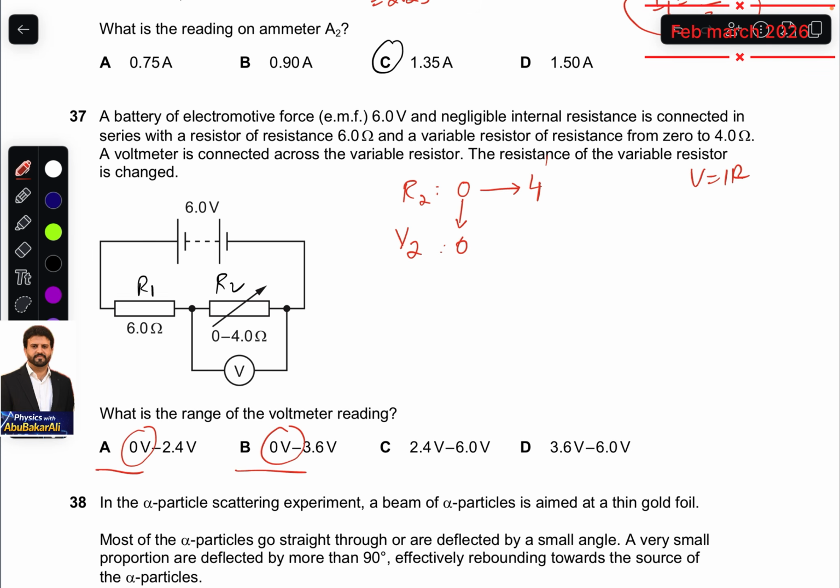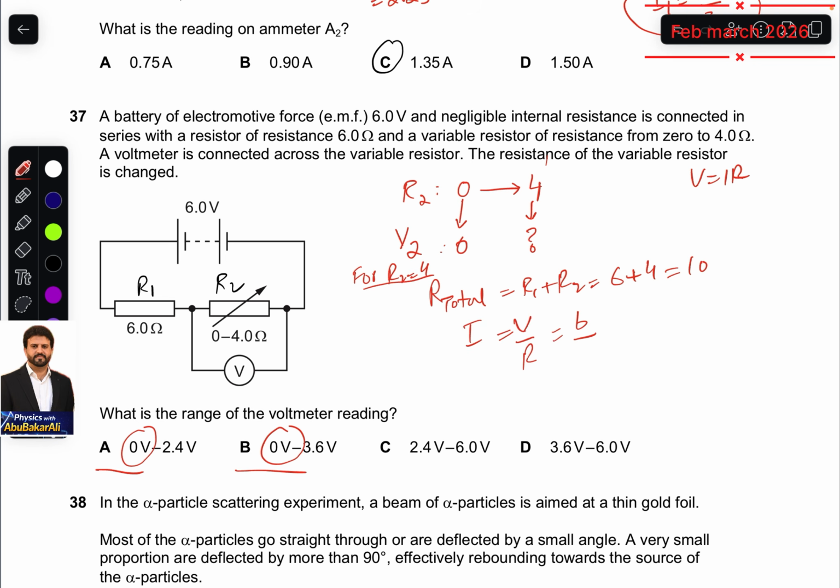And when R2 is 4, what will happen? For this, we have to find R total. Our total is R1 plus R2, that is 6 plus 4, which gives me 10. So total current is total voltage over total resistance.